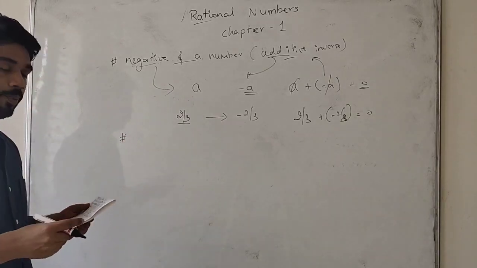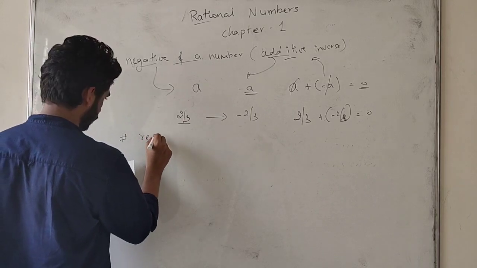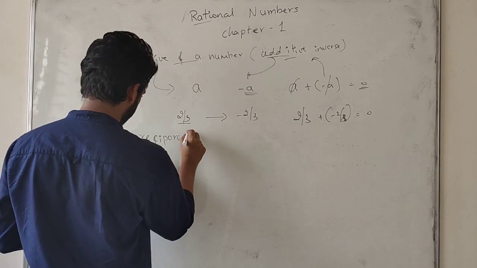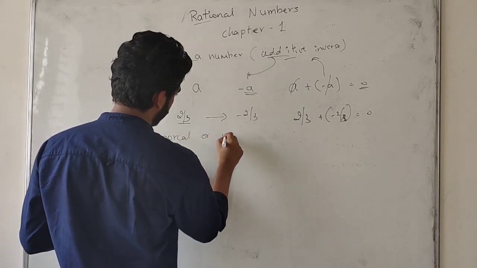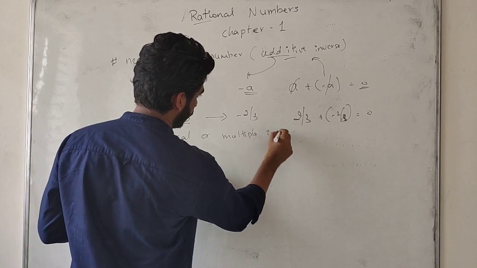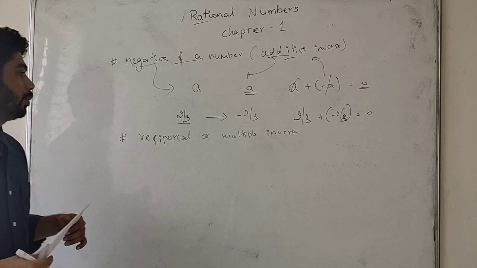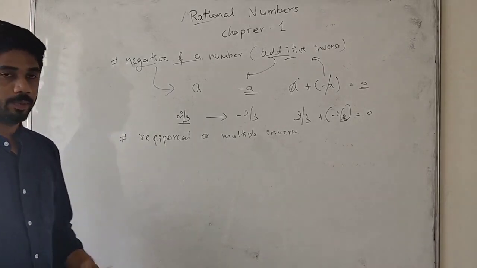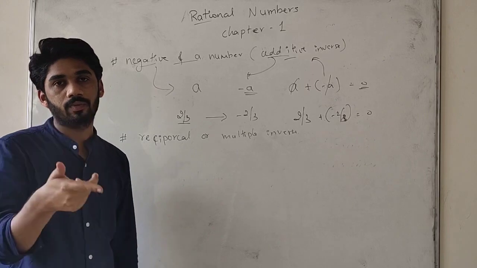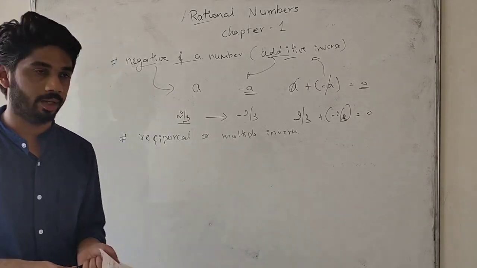Next topic, reciprocal or multiplicative inverse. So what is reciprocal or multiplicative inverse? It is nothing but a rational number; if we invert it, we call it a reciprocal or multiplicative inverse.